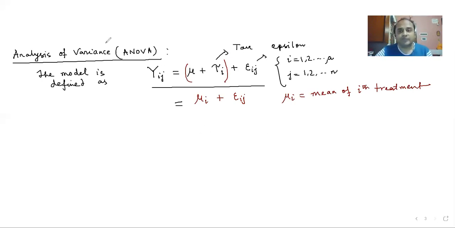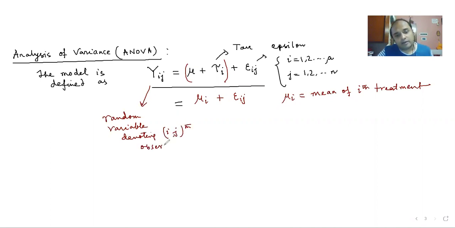Now don't get nervous, because I have used this notation over here. Also, I must say that capital Yij is the random variable denoting the i comma jth observation.